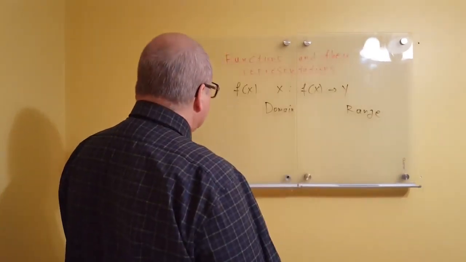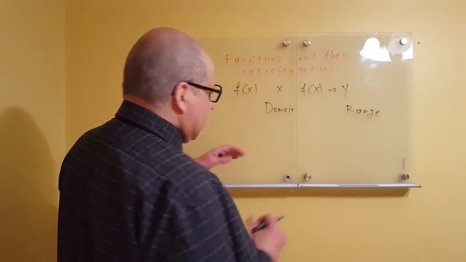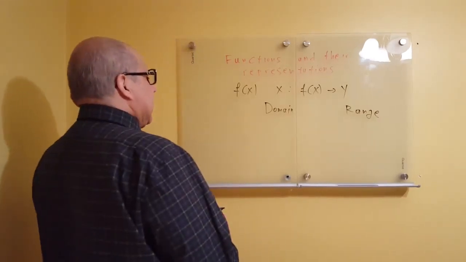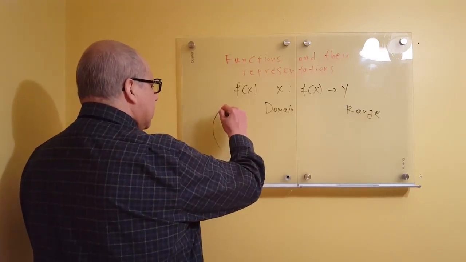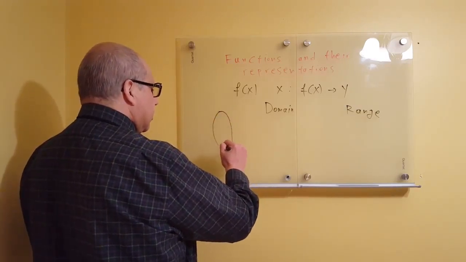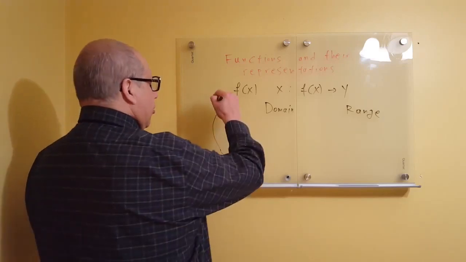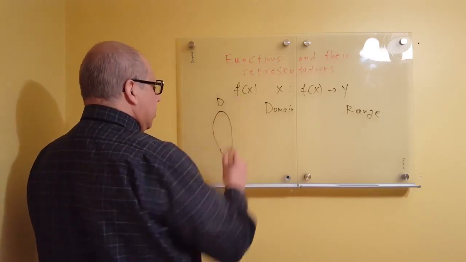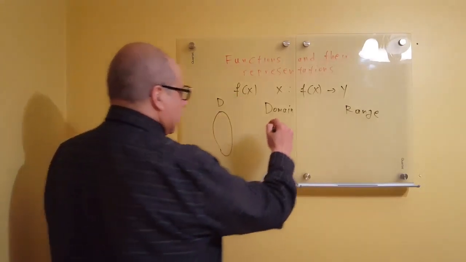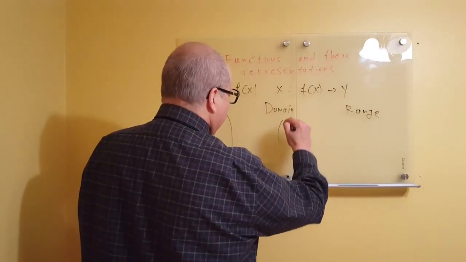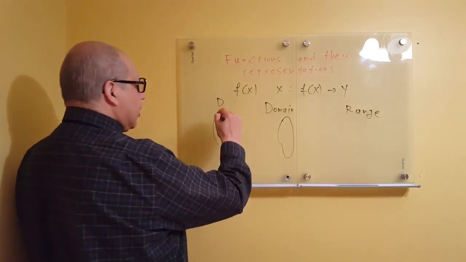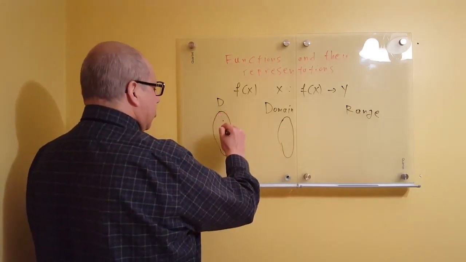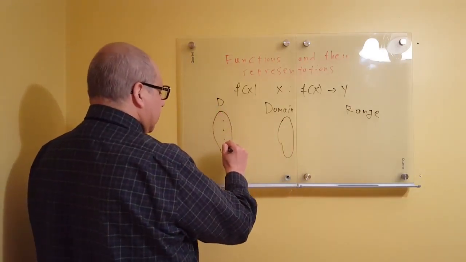But let me help you to understand this a little bit better by doing a small diagram. So let's say this is the set where you have the domain of some function, and this is the range. And let's say here you have the elements 1, 2, 3, 4.